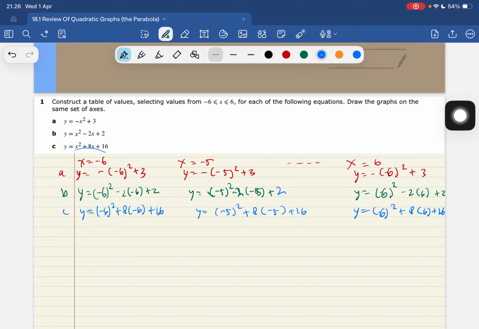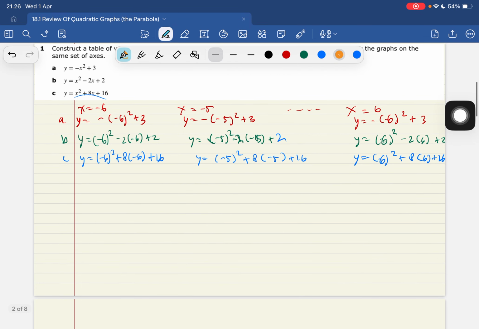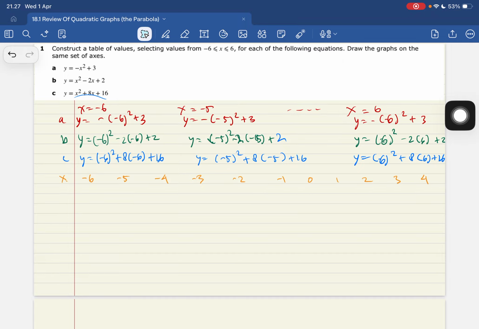There it is. So to make it a table, we can start with the values of x, starting from -6, -5, -4, -3, -2, -1, 0, 1, 2, 3, 4.